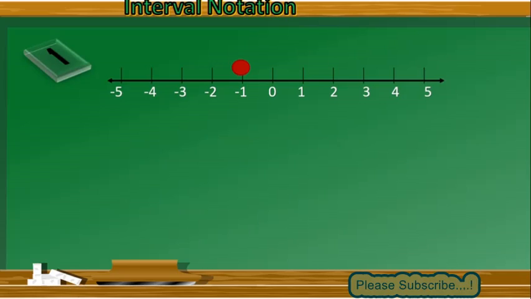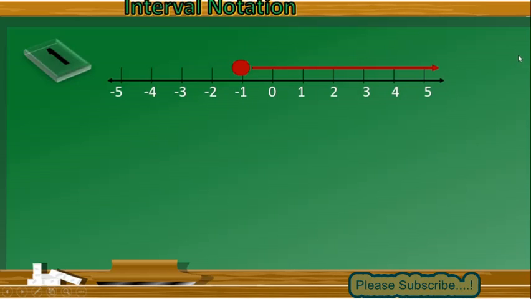Okay, next problem. As you can see in our line graph, from this point up to positive infinity, meaning from 0 going to the right are all positive, and this goes to infinity, meaning there is no bound.